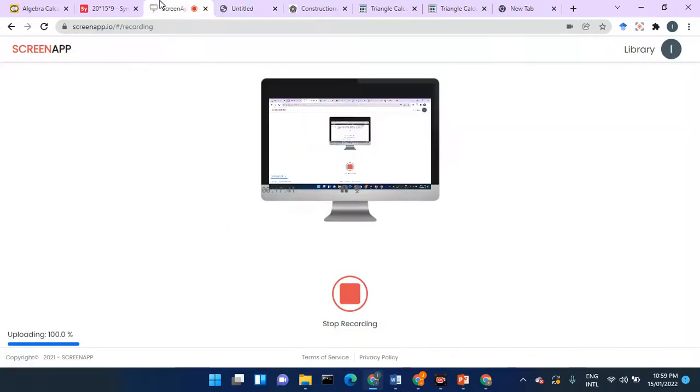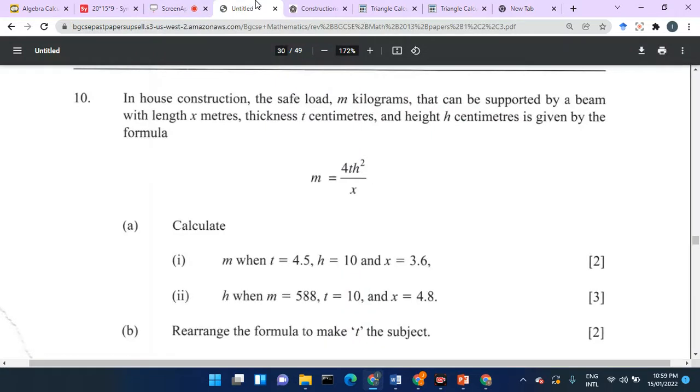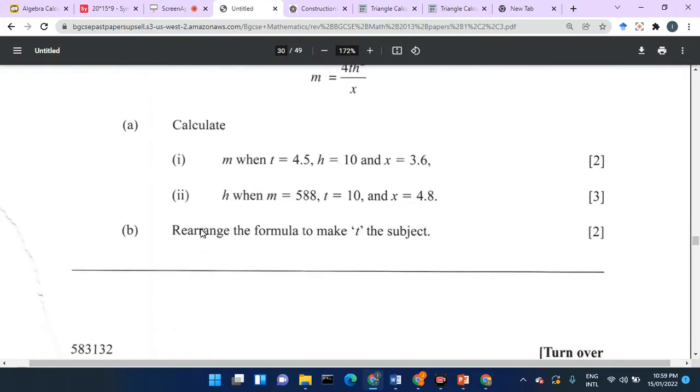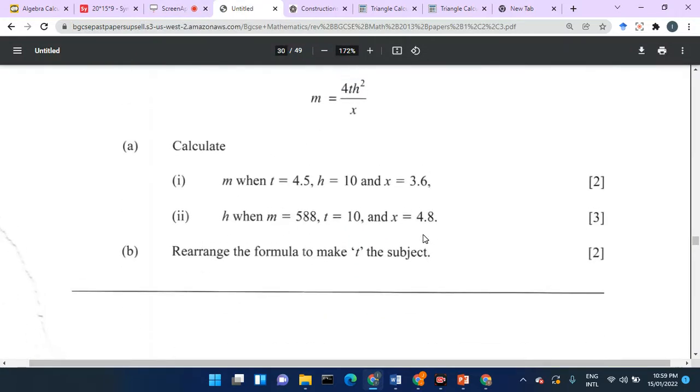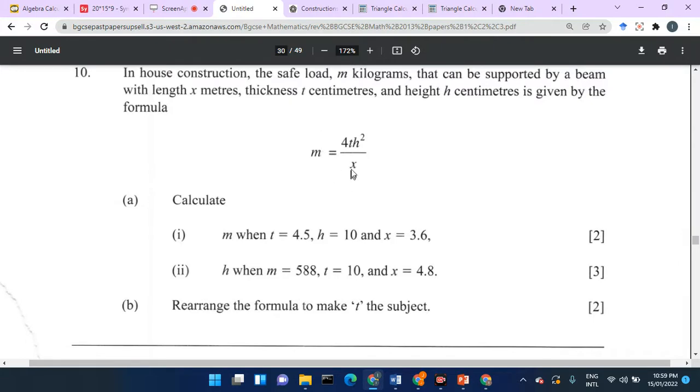Let's see how much time we have. Okay, the last question. They said, rearrange the formula to make t the subject. So we want to take this formula and rearrange it such that t is the subject of the formula. When we say subject of the formula, notice that for this question, m is the subject. So m is on one side and everything else is on the other side.